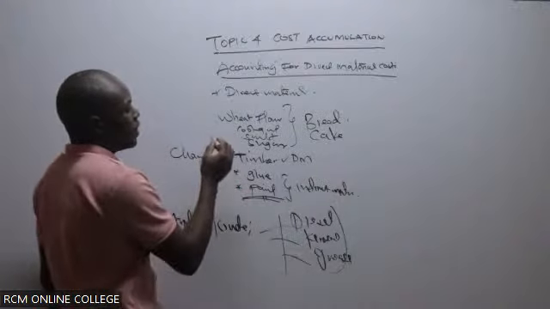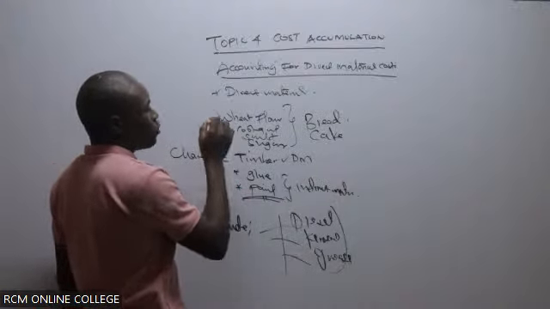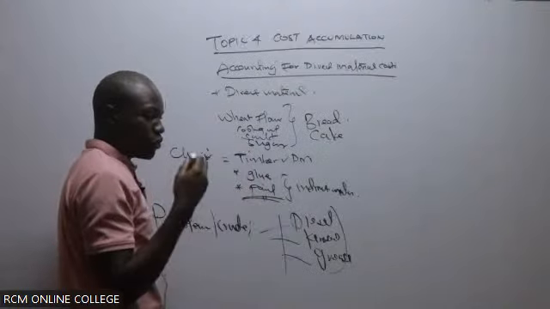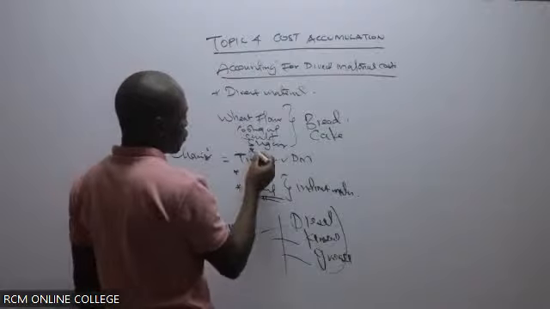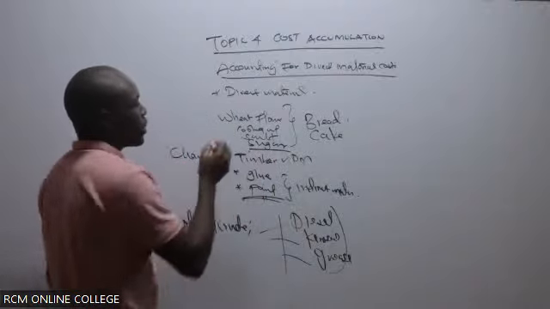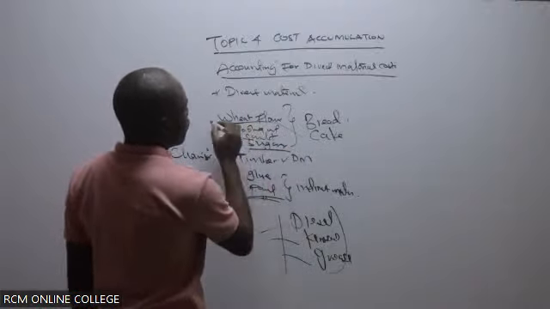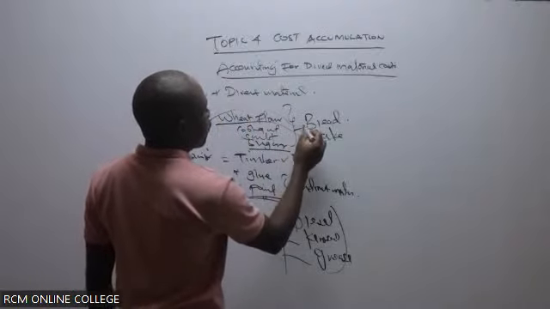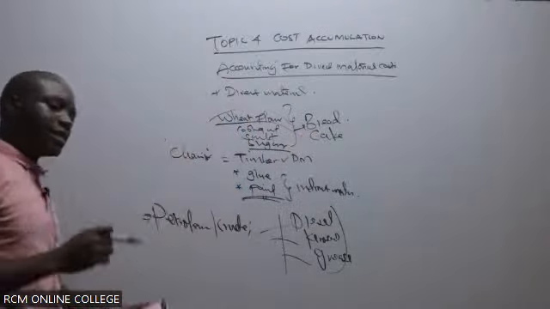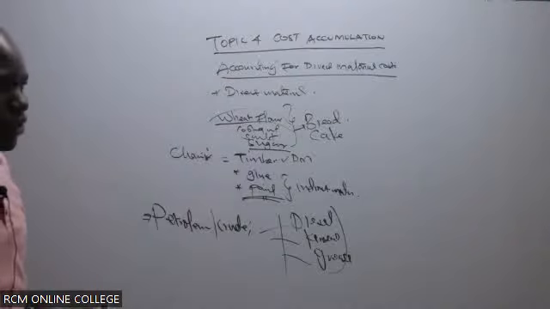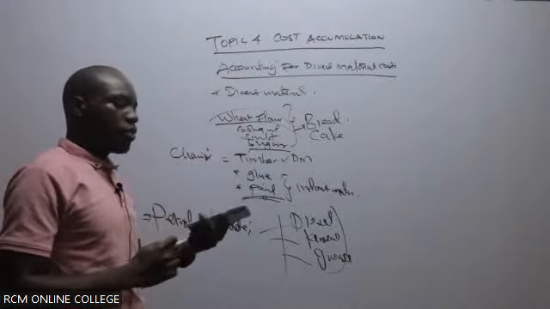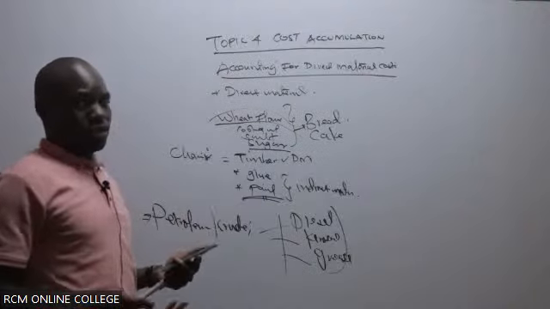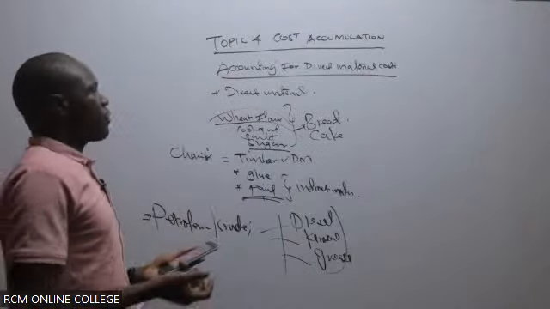But as you can see, the main item that you can trace to the final product, you will not be able to see salt physically. You will not be able to see this sugar physically, but you can trace this wheat flour in the final product. So basically, that is the direct material. Any other item that you're going to bring here, we can call it indirect material. And that is what we have.